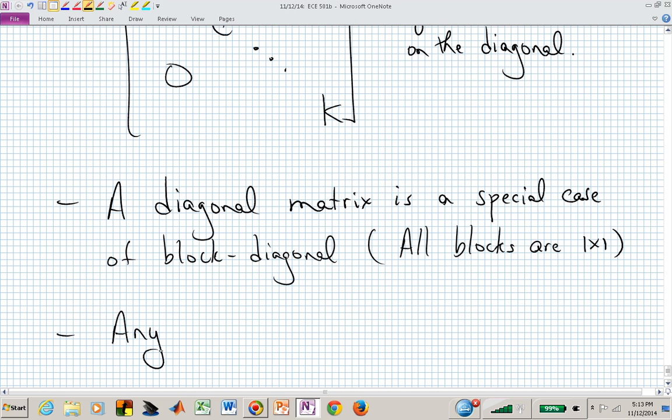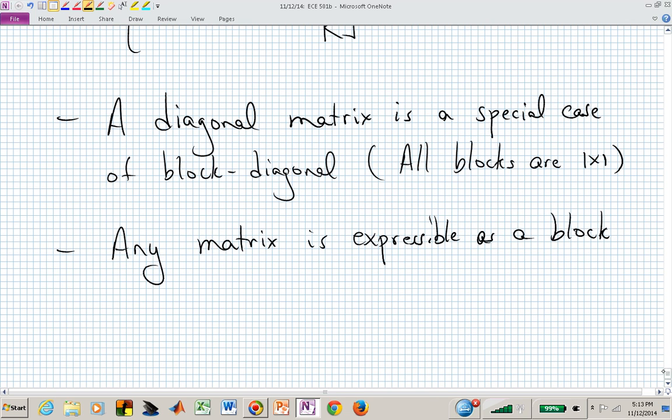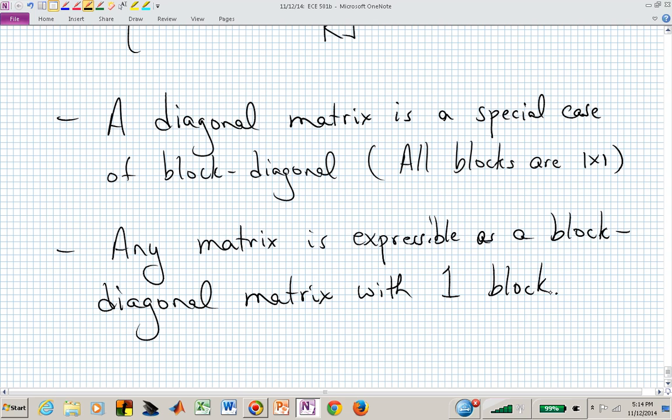We can also say that any matrix, no matter what it looks like, is expressible as a block diagonal matrix. It's just now we would have simply one big block.